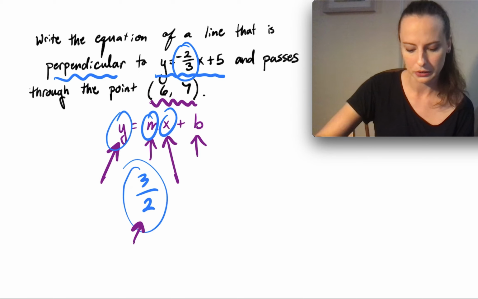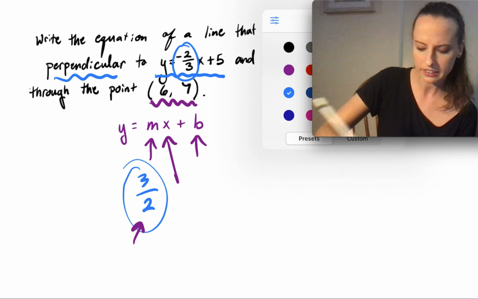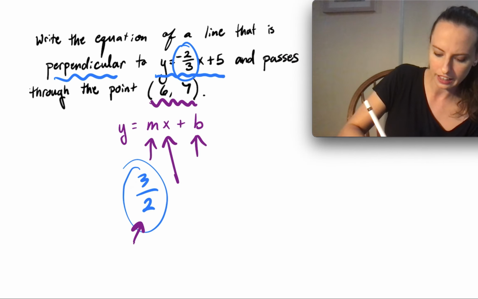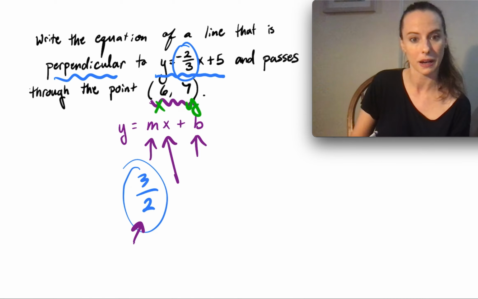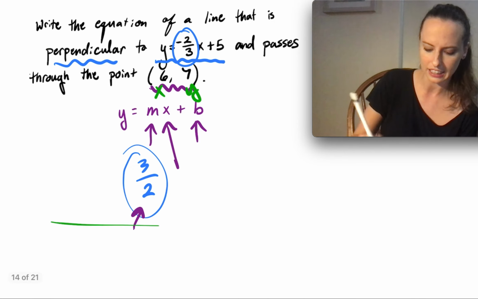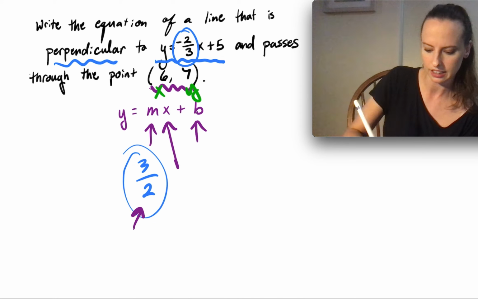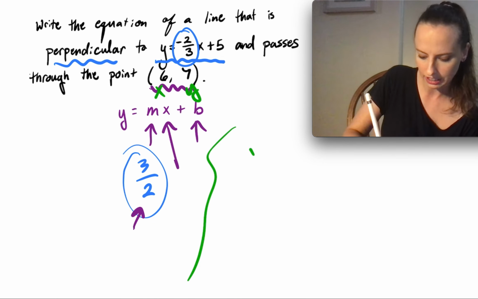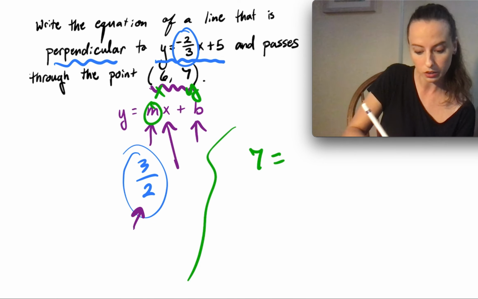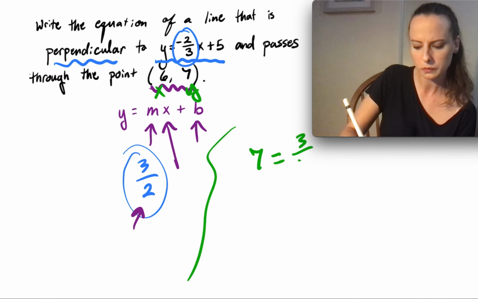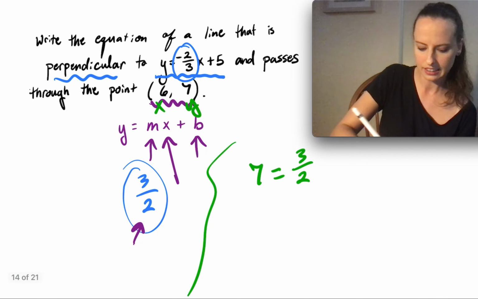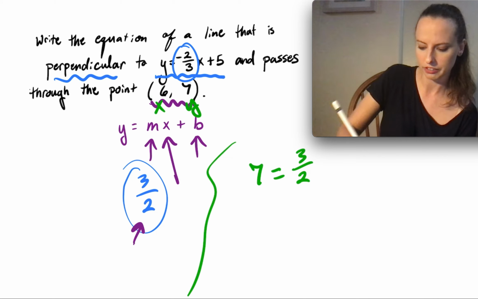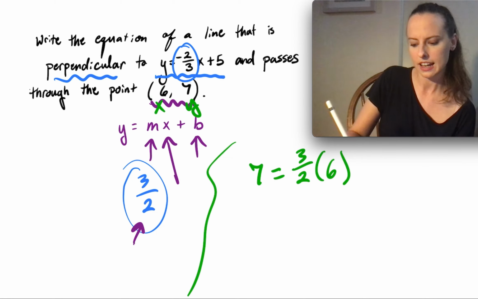So that's what we'll do next, is we'll take this point, 6 and 7, that 6 is my x, 7 is my y, so I'll plug everything in. Let's do it off to the side over here. Y is 7, so I've got 7 equals, we know our slope m is 3 over 2, and then our x is 6, so 3 over 2 times 6, and then plus b.